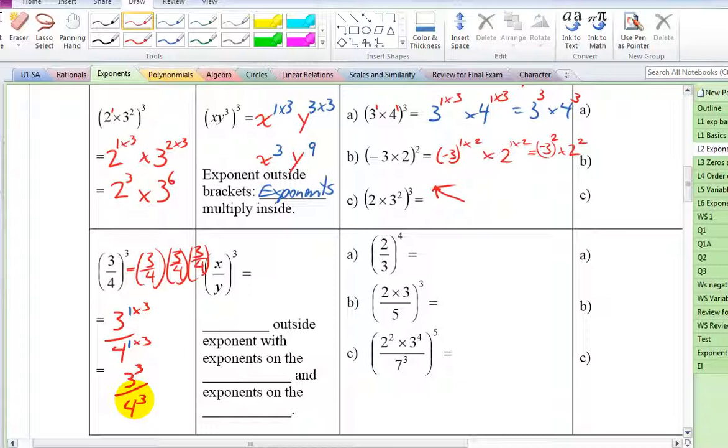So here, showing your work, don't just move it inside, because that's going to make you forget that you're actually multiplying it inside. So the exponent on the outside, multiply, I screwed up there, multiply the outside exponent with the exponents on the numerator, or top, and the denominator, or bottom.